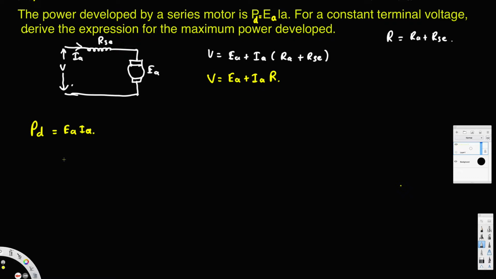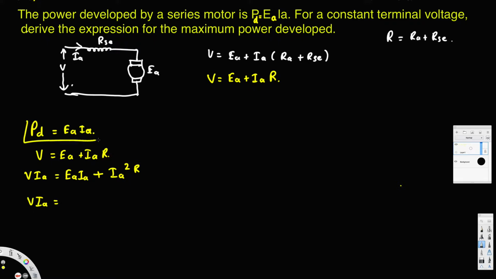And we know that V is equal to EA plus IA times R. If we multiply everything by IA, this is going to become VIA, and here we will have EAIA, and this will become IA square times R. Okay, and from this one we can say that VIA is equal to EA times IA plus IA square R, and we know EA times IA is equal to PD.